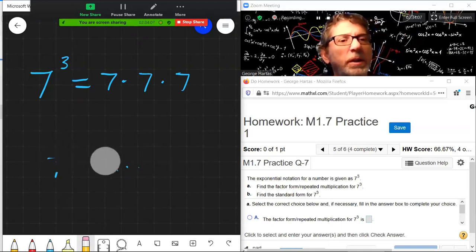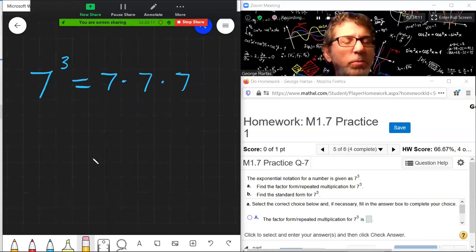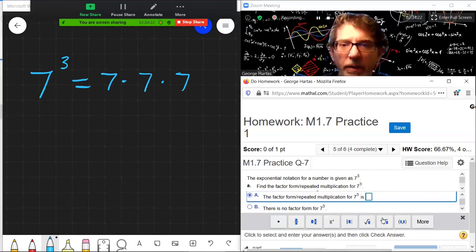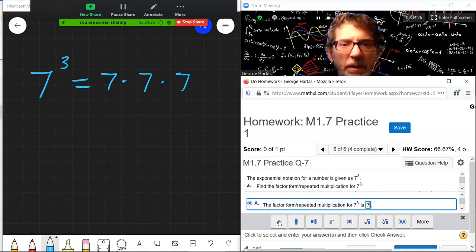So yeah, it's a nice shortcut to repeated multiplication. All right, so part A looks like is done. We just got to type it in there. So let's see if that works. 7 times 7 times 7.